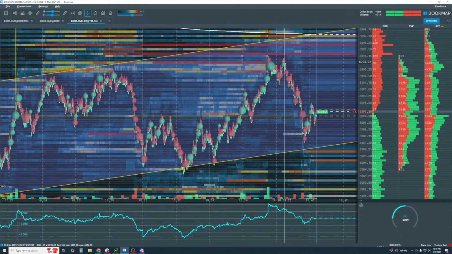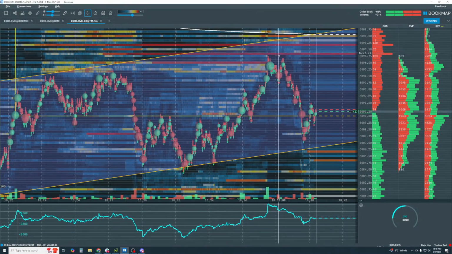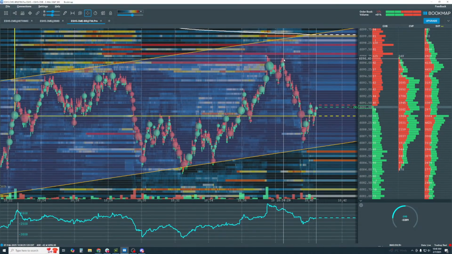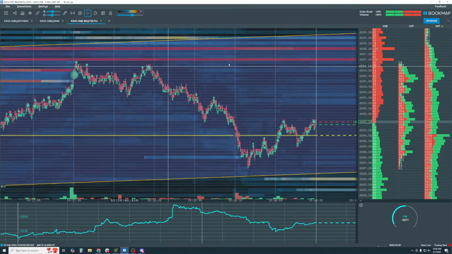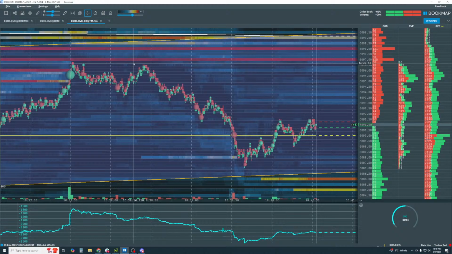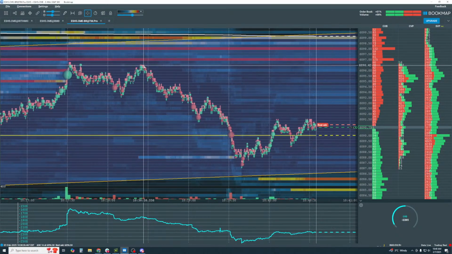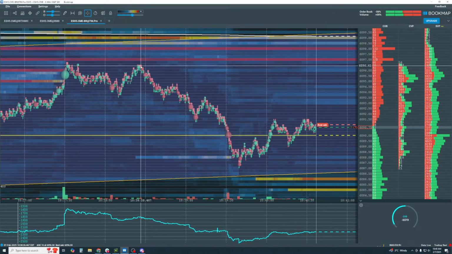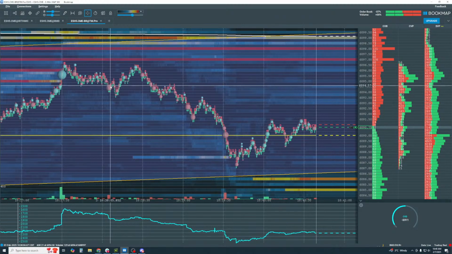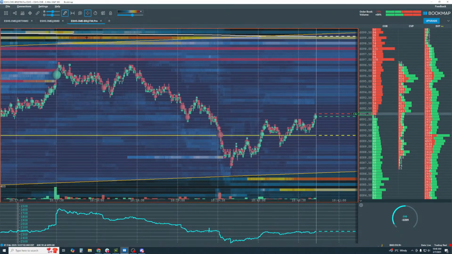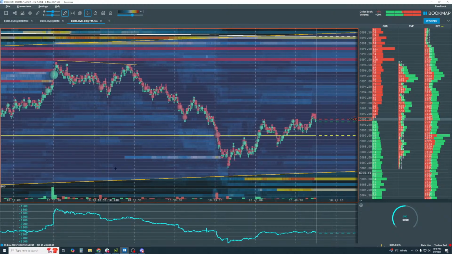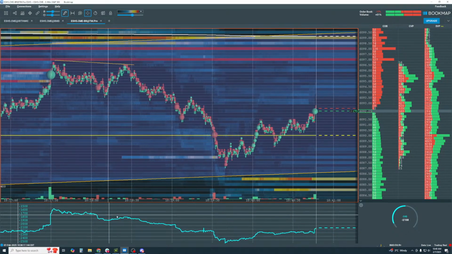But then on the retest back up in here, look at the buying on the second leg here, and we can zoom in and look at it in more detail. But this is where there's just not enough buying in here, and there's a little bit of a cluster of selling in here. This is where you can start to use some of the divergence. You can see it in here.